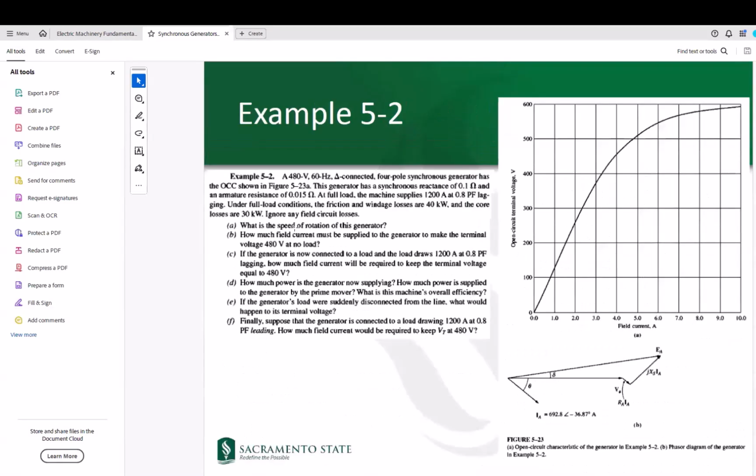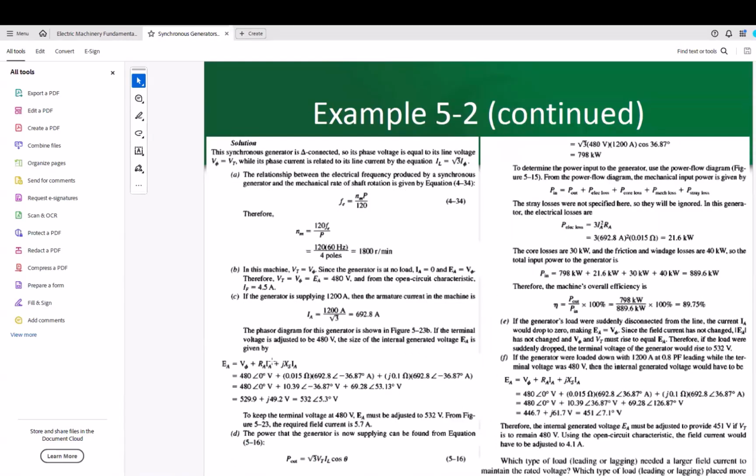Part C is asking, if the generator is now connected to a load drawing 1200 amps at 0.8 power factor lagging, how much field current will be required to keep the terminal voltage equal to 480 volts? So we start from the terminal voltage. There is a relationship between the terminal voltage, the V phi, and the internal voltage, EA.